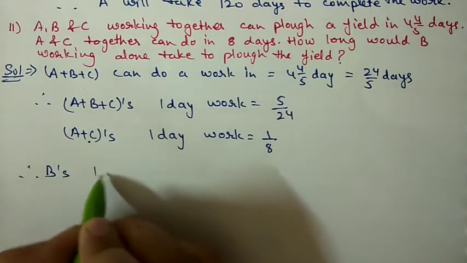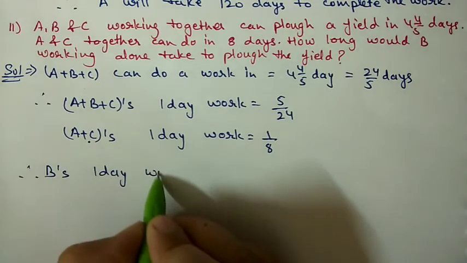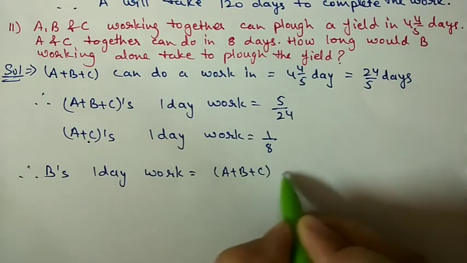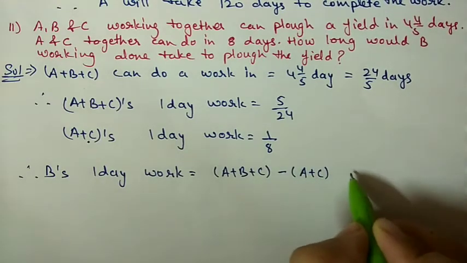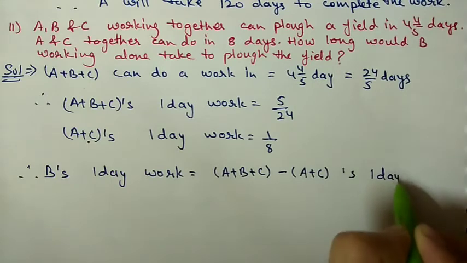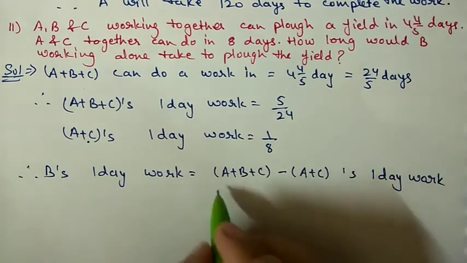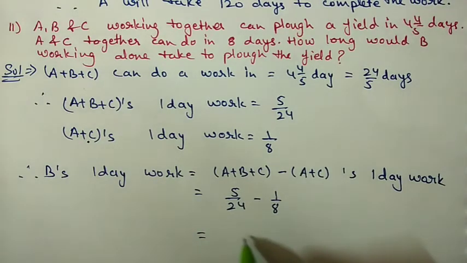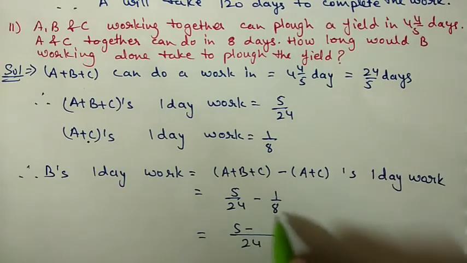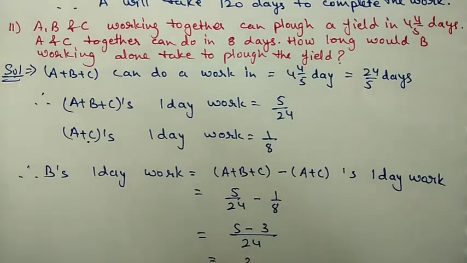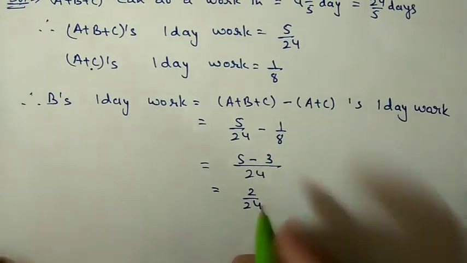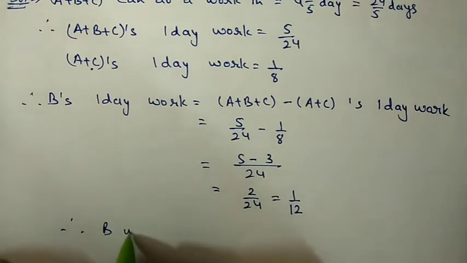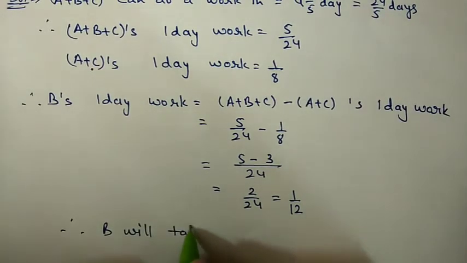Therefore B's one day work will be A plus B plus C minus A plus C's one day work. Subtract it. 5 by 24 minus 1 by 8. LCM will be here 24. 5 minus 3, 2 by 24, which is equal to 1 by 12. Therefore B will take 12 days to complete the work.